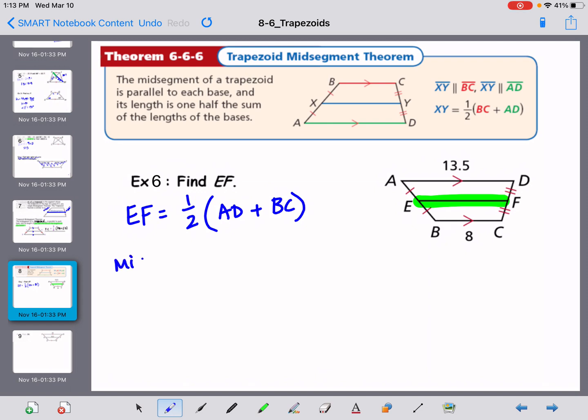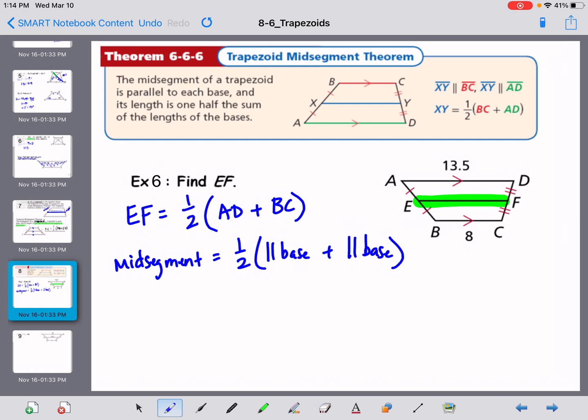It's going to be mid-segment equals half of the parallel base plus the parallel base. I really need you to start getting used to these formulas in words and descriptions and not simply just X's and Y's all the time. That's going to be really important for the unit that's coming up next. It's all about circles, okay?